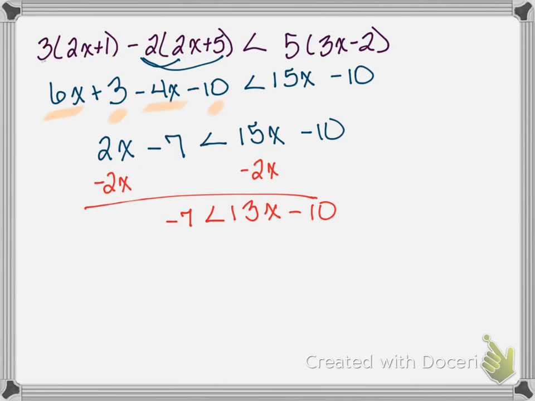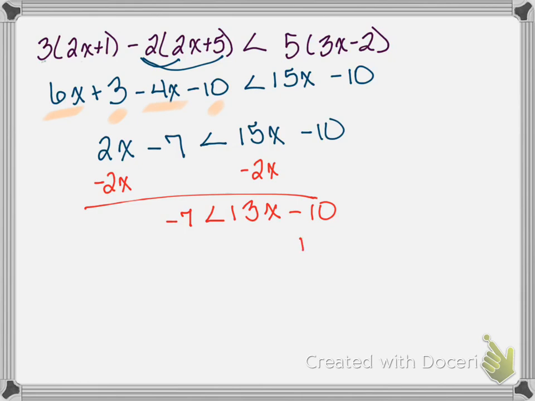The reason that students are tempted to move that 2x to the other side is because then it keeps your x positive. And that's attractive. We don't like to deal with negative numbers. So it's attractive to subtract 2x from both sides because we then have a positive coefficient in front of our x.